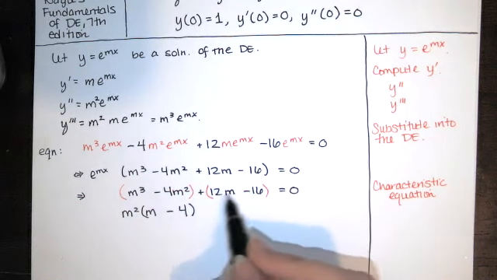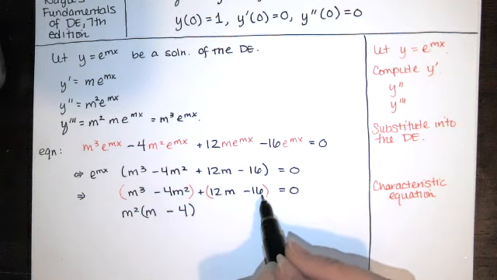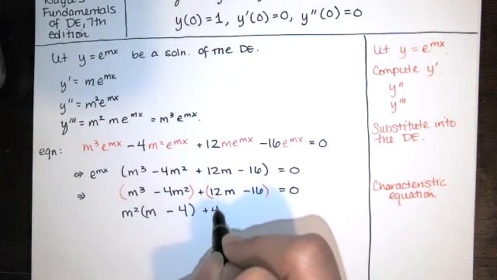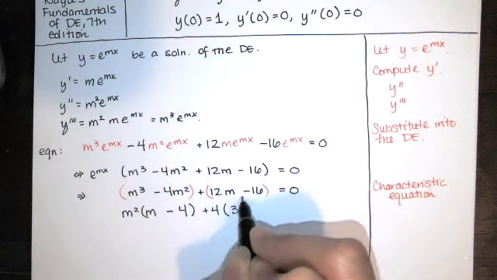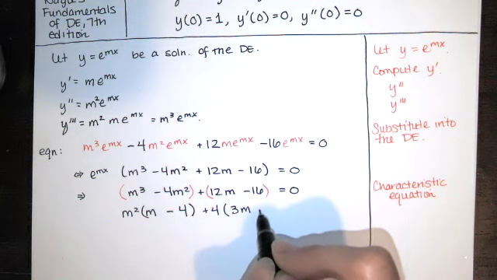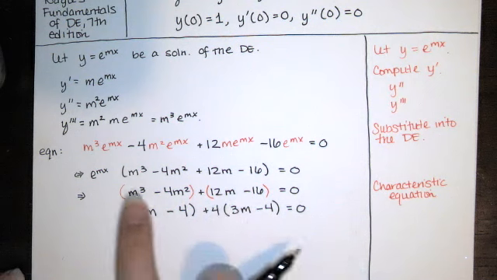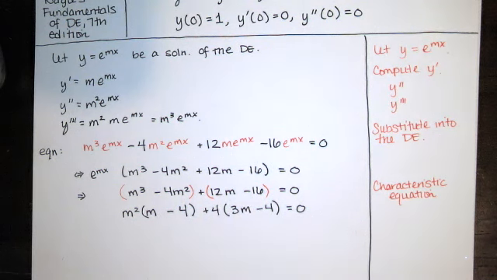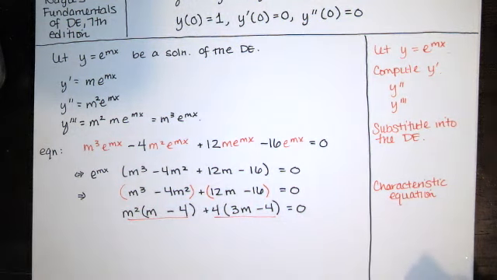And then over here, we want to factor something out. The 12m and the 16 have a factor of 4 in common as well. 4 times 3m would give me 12m, and 4 times negative 4 would give me negative 16. So this is equivalent to this, but it actually doesn't help me, because when I look at this and this, they don't have anything in common.